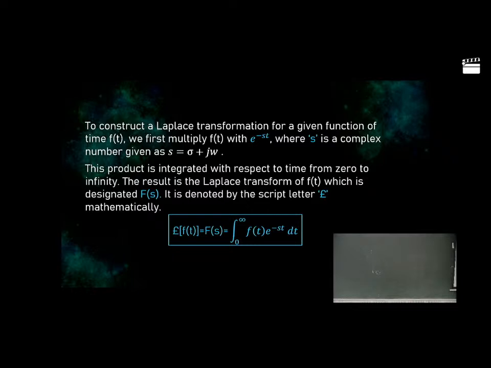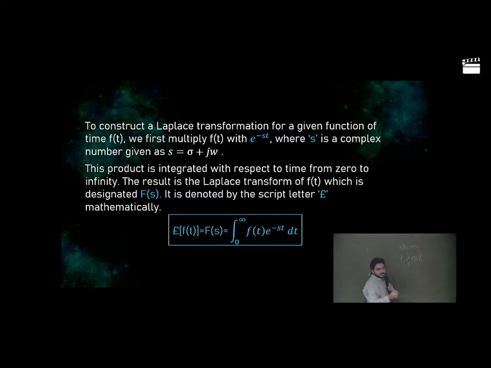So how do you construct a Laplace transform? Basically, you go from the time domain to a domain which is called the S domain. Suppose you have a function f(t). f(t) is any signal. Say f(t) is a unit step function, u(t).